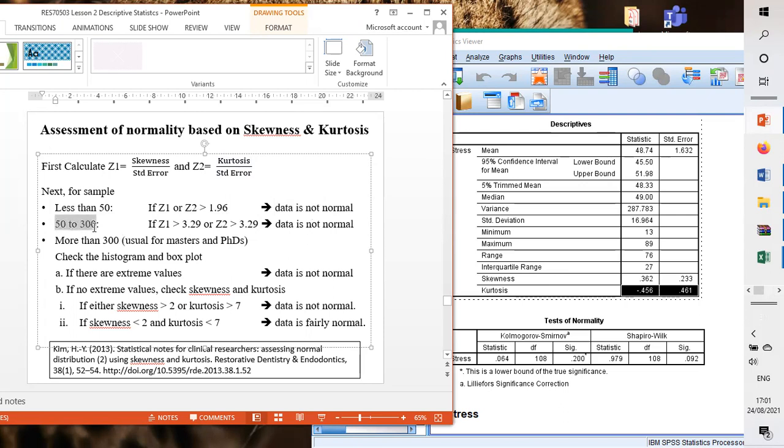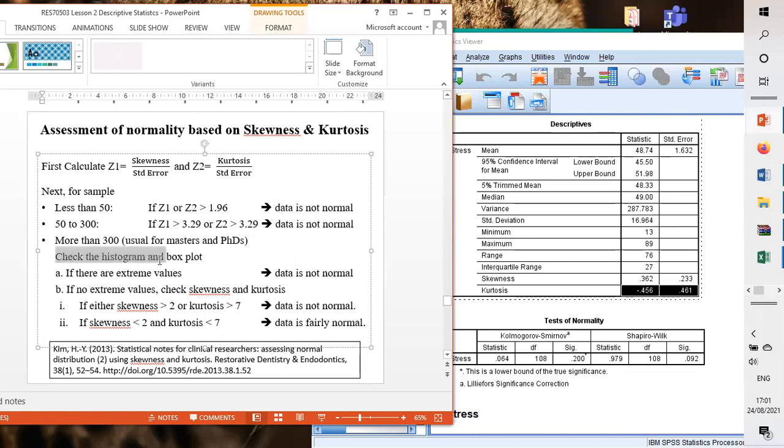From 50 to 300, you follow this cut-off: 3.29. Anything more than that is not normal; less than that, you can assume normal. For more than 300, usually for master's and PhD in social sciences, he suggests checking a few things.